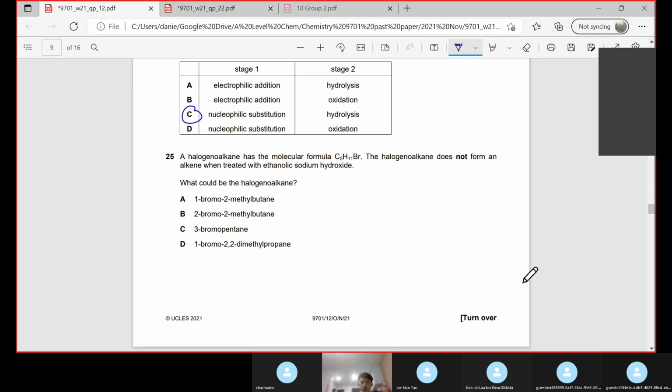Okay, 25. Let us look at this question. You see, they mention the halogenoalkane does not form an alkene when treated with ethanolic NaOH. With the correct reagents and conditions, why can the reaction not take place?